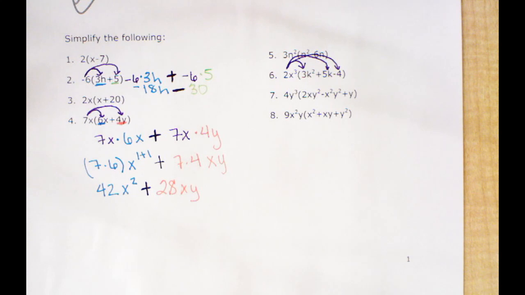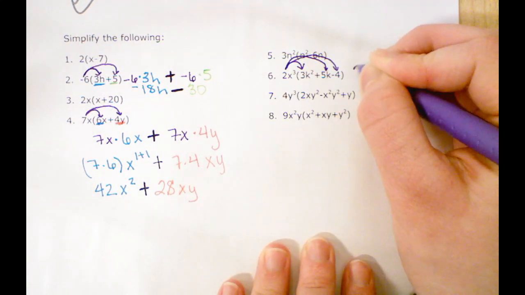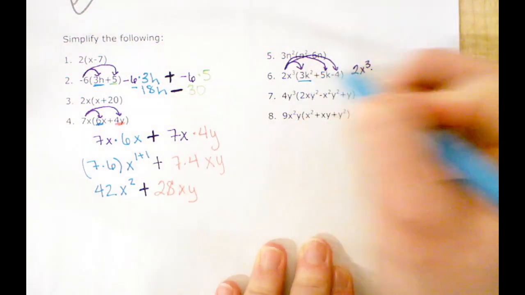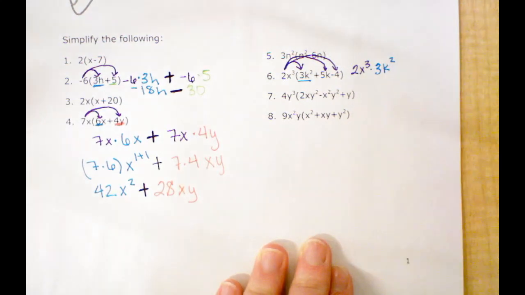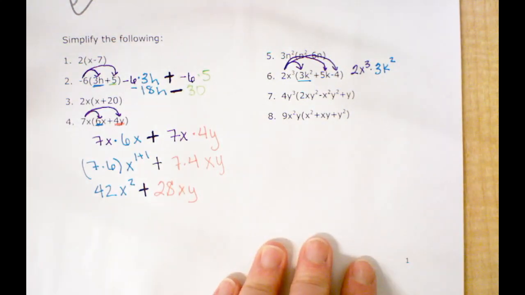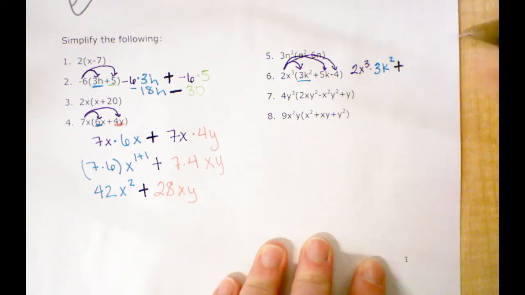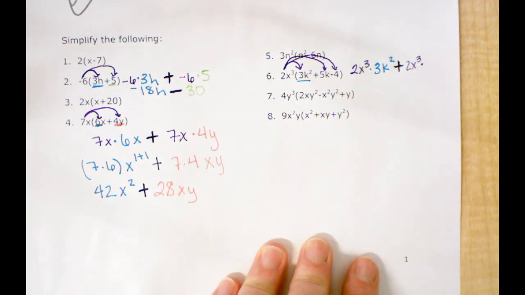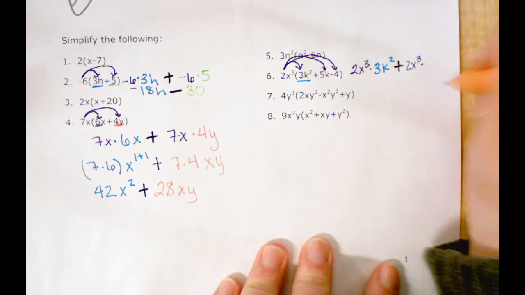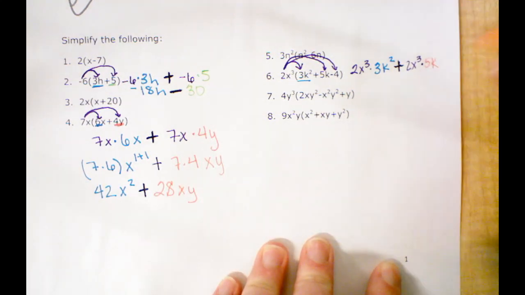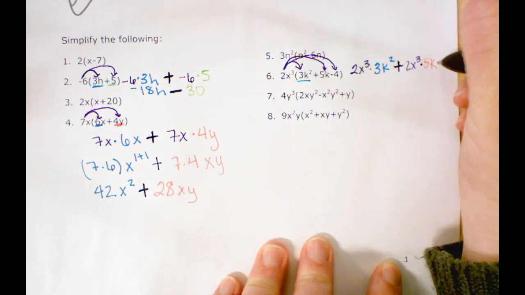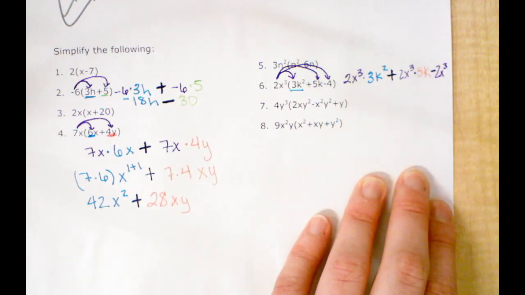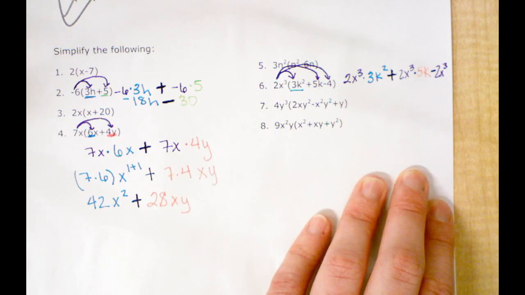Okay, so we're going to have 2x cubed times 3k squared plus 2x cubed times 5k minus 2x cubed times 4.